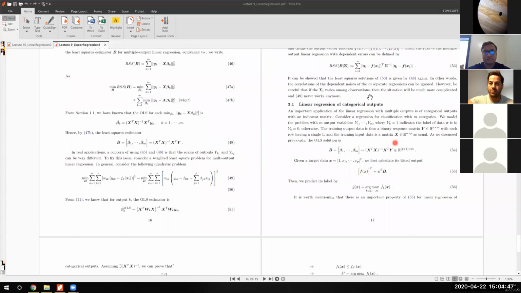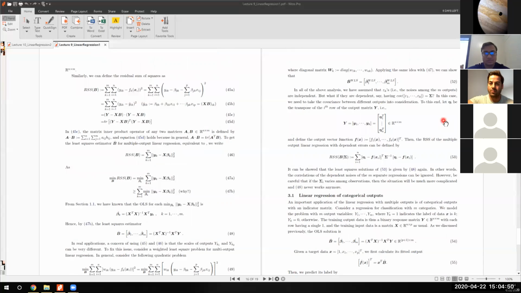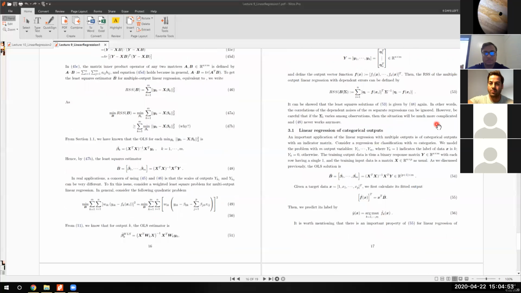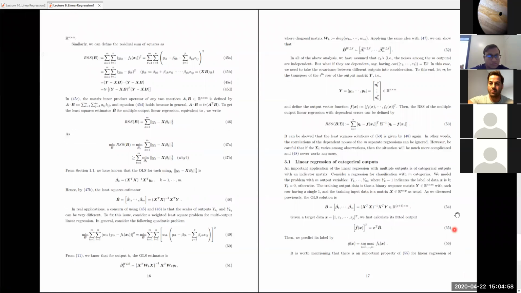Today we're going to introduce the application of such multiple output linear regression to categorical outputs. For the categorical output, one important thing is that it's just a category. Without loss of generality, we define it this way. We model the problem with m outputs, y1 to ym, and yk equals 1 if the label of the data is k, and all other y's are 0.